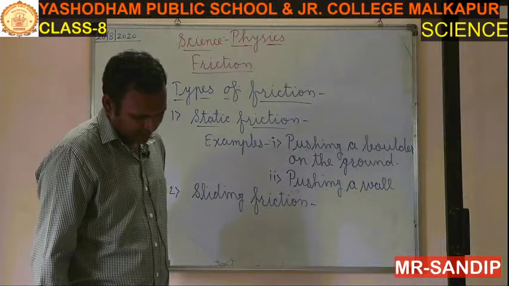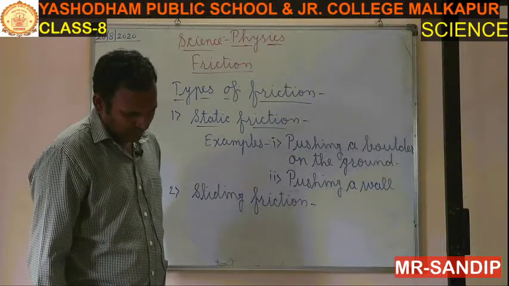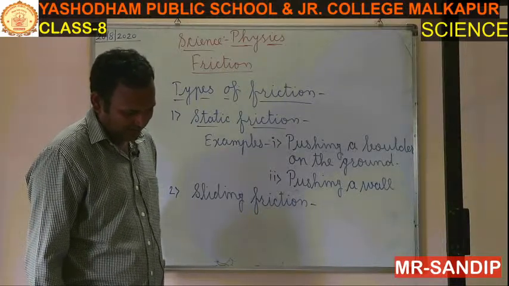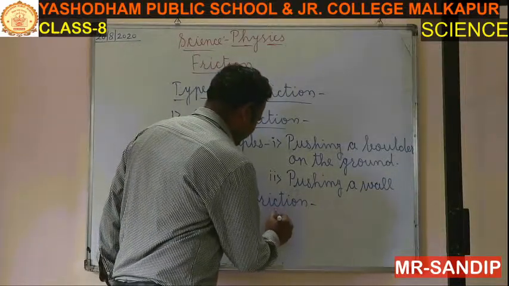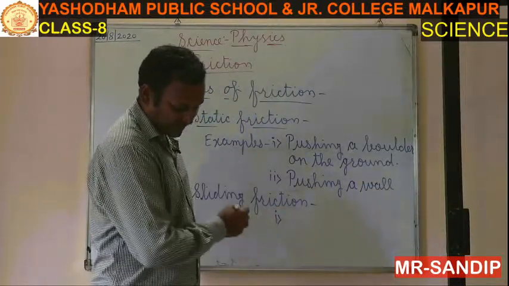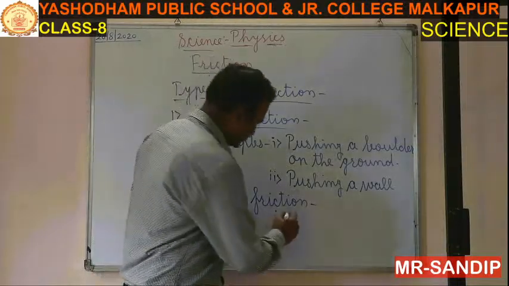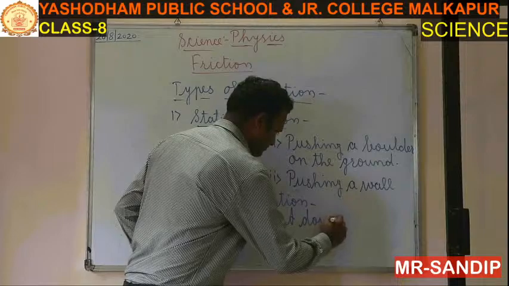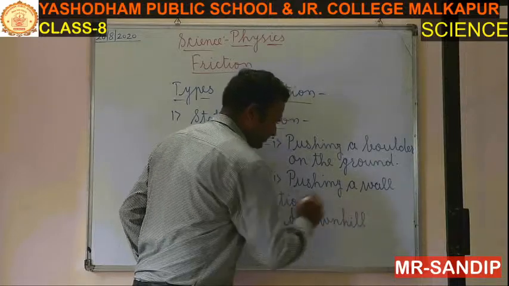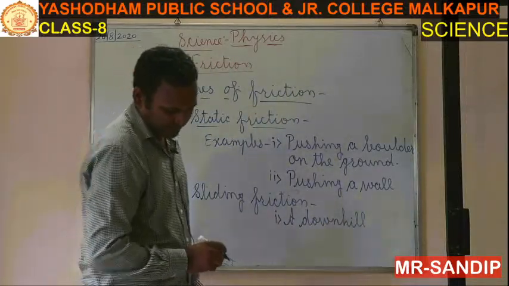I'll write one here, a downhill skier, that we can say here. In that case, there will be sliding friction. A downhill skier.